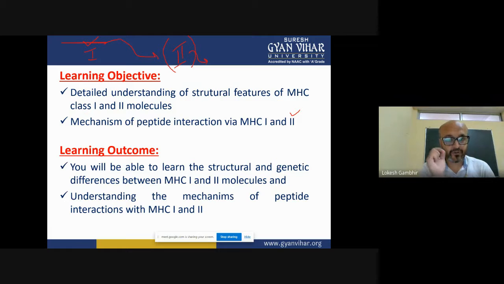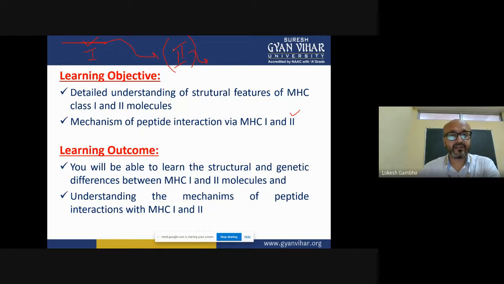What is the process by which this particular class of MHC molecules attach to the antigen peptide and from inside of the cell they are going outside.